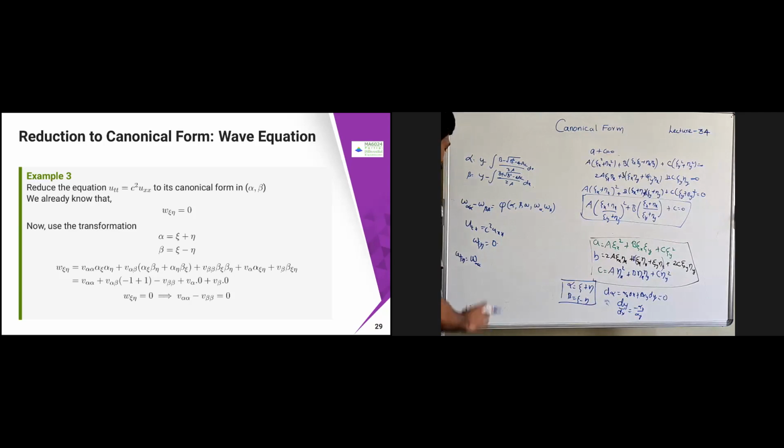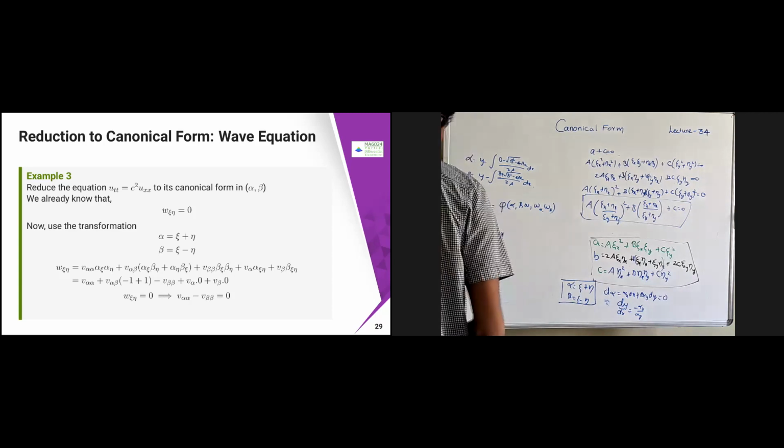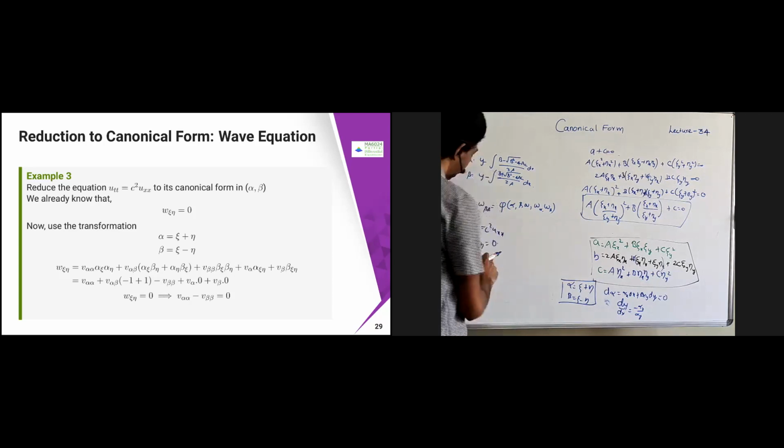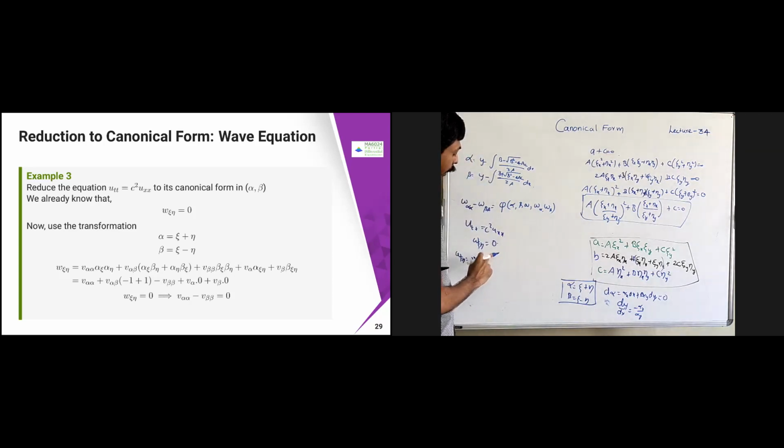So b alpha alpha I'm going to use here, and then I have alpha chi, chi x alpha is going to come, and then chi x, chi y will come, chi x, eta x will come.